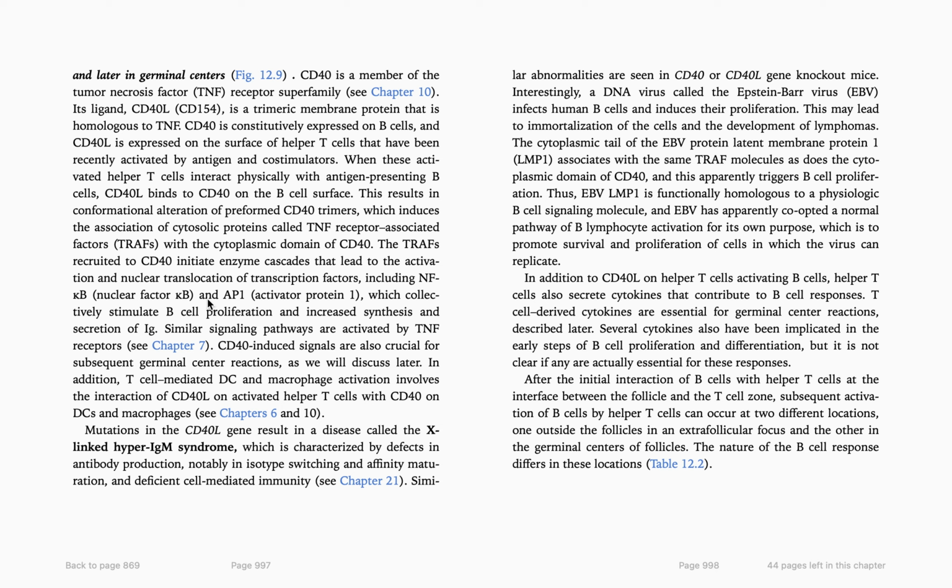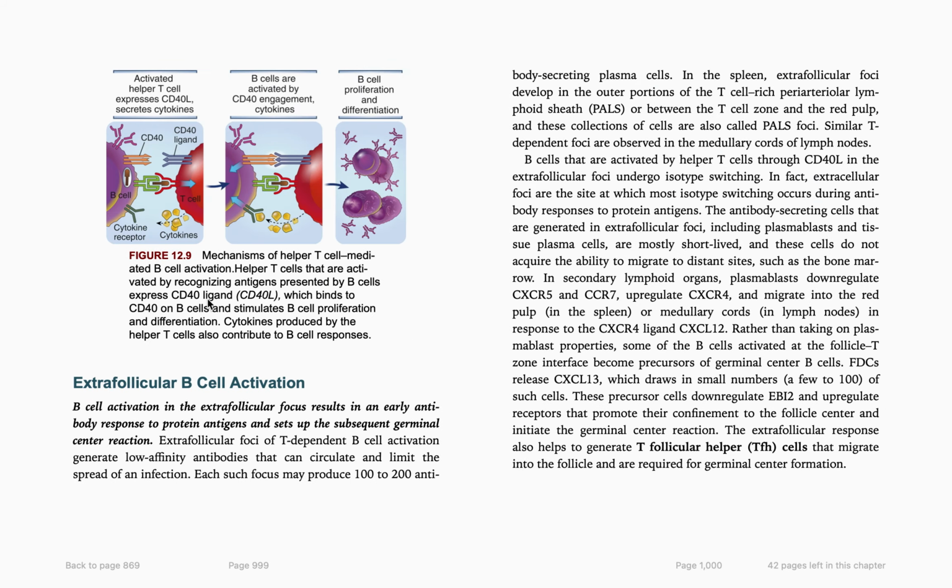After the initial interaction of B cells with helper T cells at the interface between the follicles and T cell zones, subsequent activation of B cells by helper T cells can occur at two different locations, one outside the follicle in an extrafollicular focus and the other in germinal center follicles. The nature of the B cell response differs in these locations.